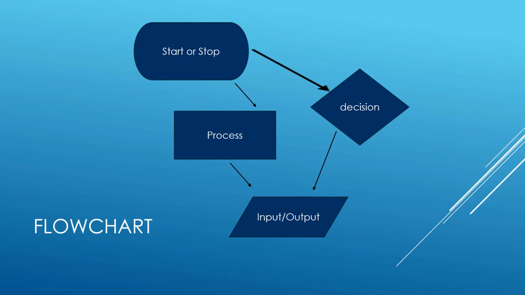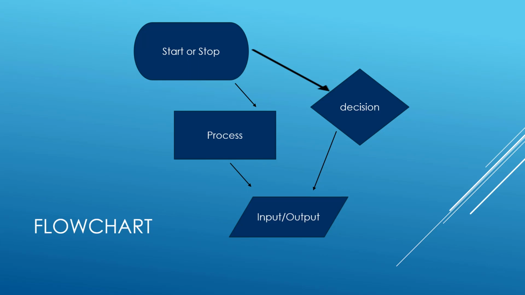We also have the diamond shape, which is a decision. In a decision, we may want to do a comparison. Are you ready to continue? Yes or no? That's some type of comparison. Is the alarm clock on or is it off? That's a comparison. That's a decision.